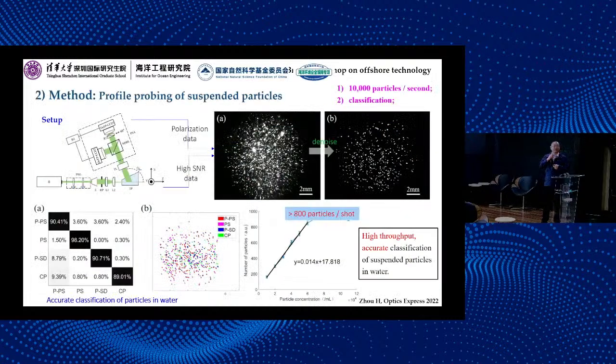And we have developed a method to detect the particles in water very efficiently here. And we can detect 8,000 particles in 1 second here, and classify the category of the particles effectively.